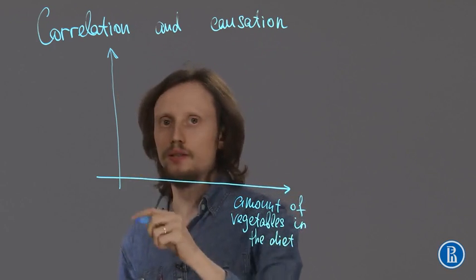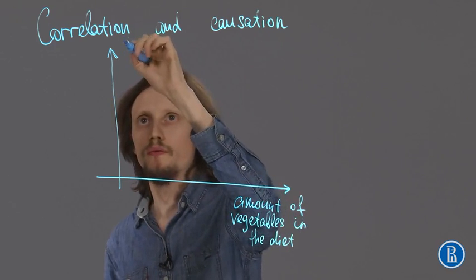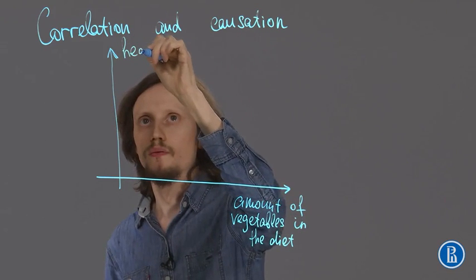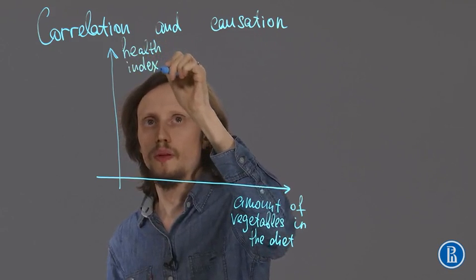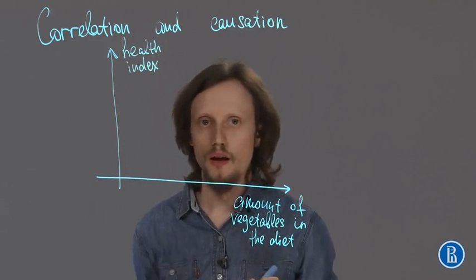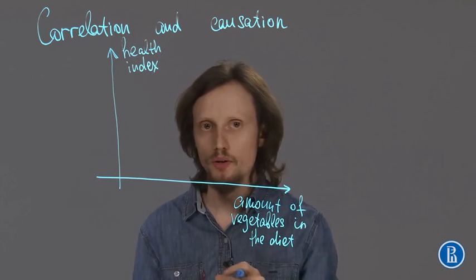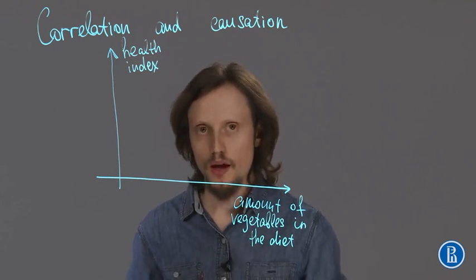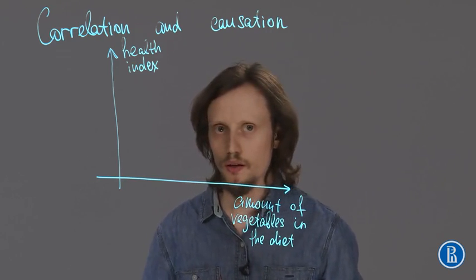And on the vertical axis, I will draw some kind of health index. This health index measures in some way how healthy the particular person is. And let me assume that my data looks like the following.